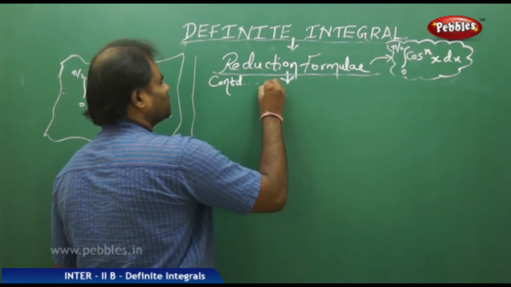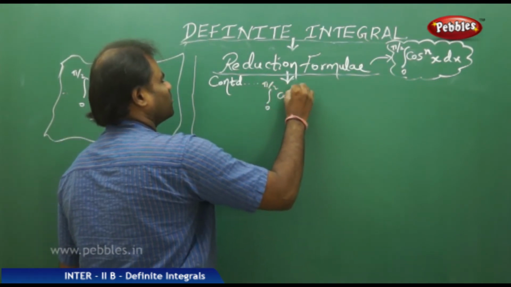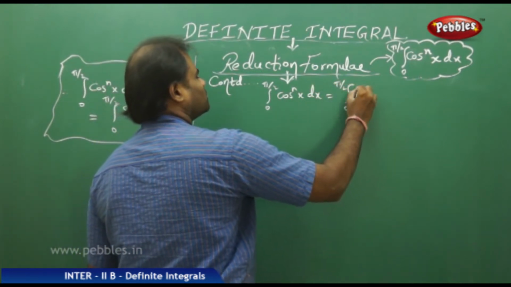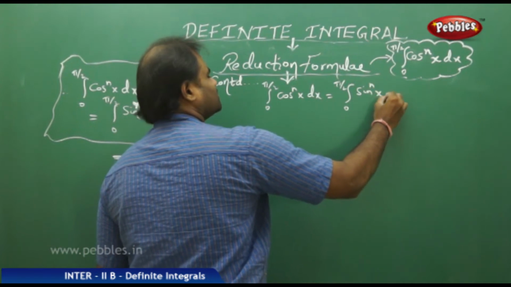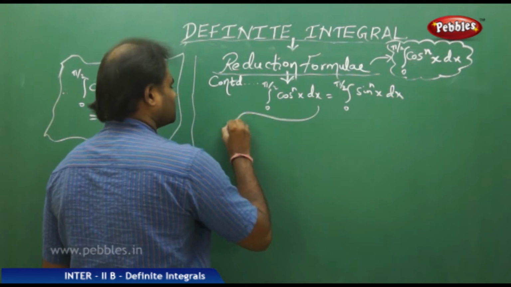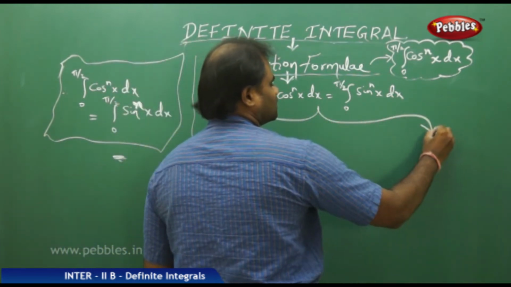Therefore, since integral 0 to pi by 2 of cos power nx dx is equal to integral 0 to pi by 2 of sine power nx dx, we have the same formula which we derived for sine as that for cos.